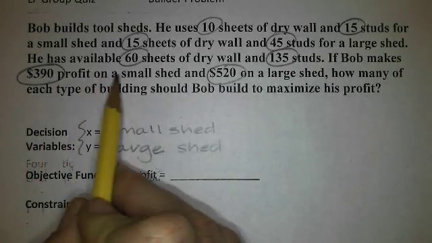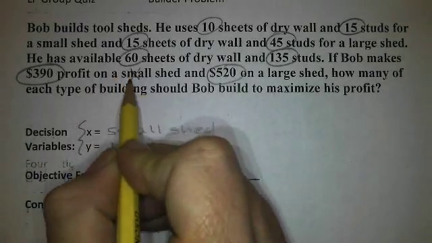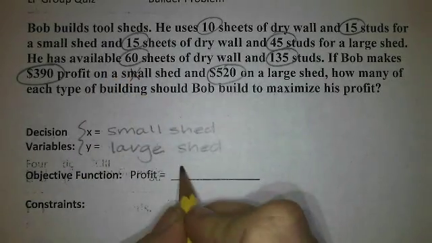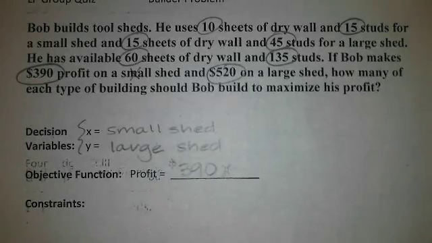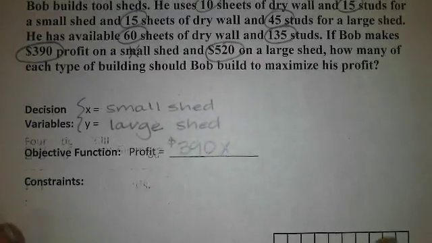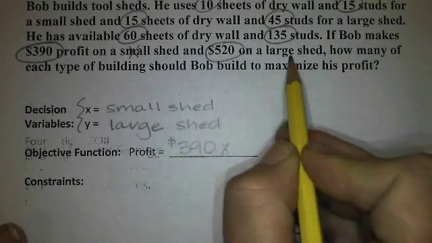So $390 on a small shed. Well, remember, small shed was my X, so that's $390X. Okay, so that's what I make profit on, $390X. The other thing that I'm going to be making profit on is $520 on the large shed.